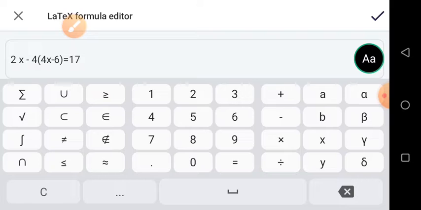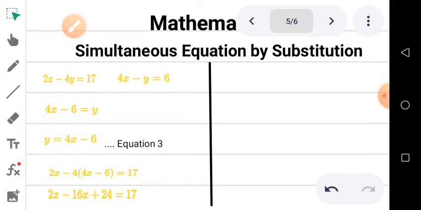Minus 4 times 4x gives us minus 16x. Then minus 4 times minus 6 gives us plus 24. Remember, minus times minus will give you plus.